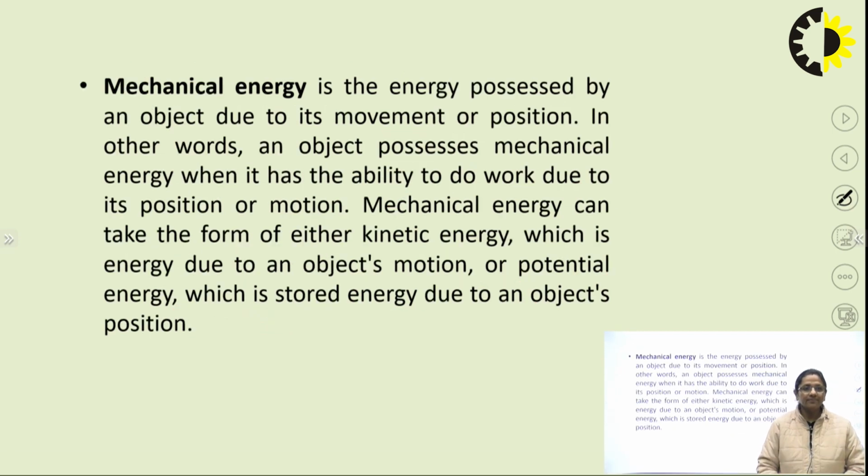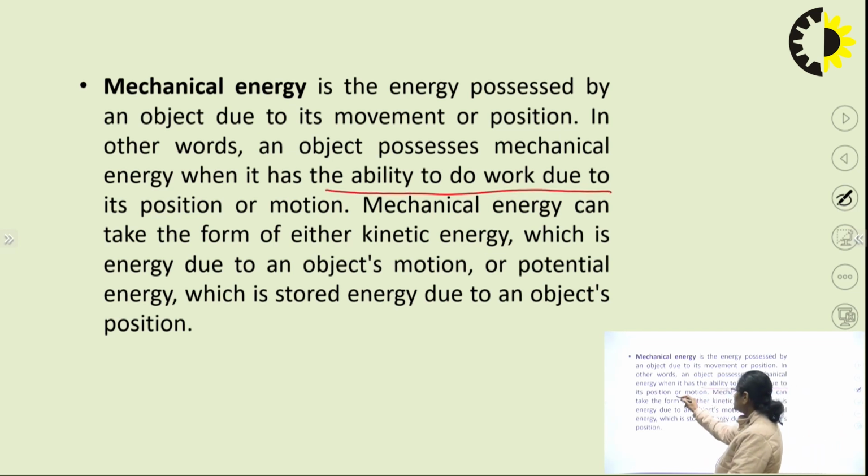Mechanical energy. Mechanical energy is the energy possessed by an object due to its movement or due to its position. Accordingly, we may call these energies either the kinetic energy or the potential energy. In other words, an object possesses mechanical energy when it has the ability to do work due to its position or due to its motion.